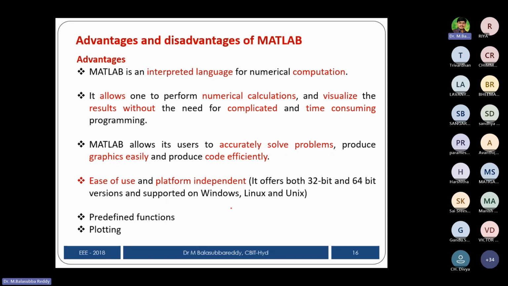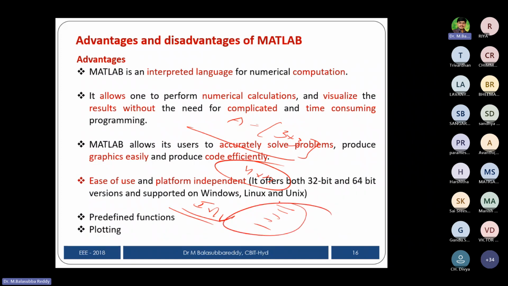Suppose, as one simple example, there is a matrix. Let's consider A is a 3 by 3 matrix, or let's assume a 4 by 4 matrix. To write a program for the inverse of the matrix in the C language and others, it will take a lot of code. You have to determine cofactors, the determinant, all these things, write them and execute, and only then will we get the inverse of the matrix.